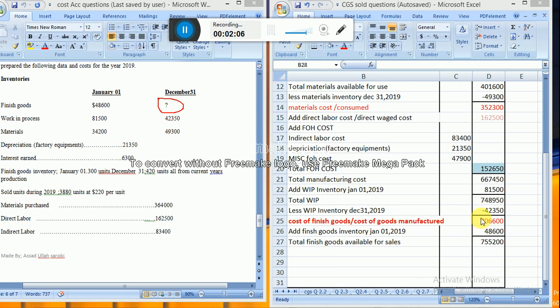Clear? So we need to calculate this cost of the finished goods, or cost of goods manufactured, this is the cost of how many units.